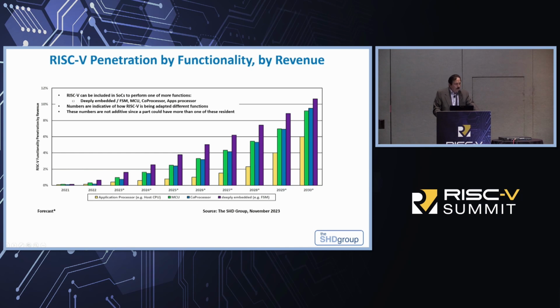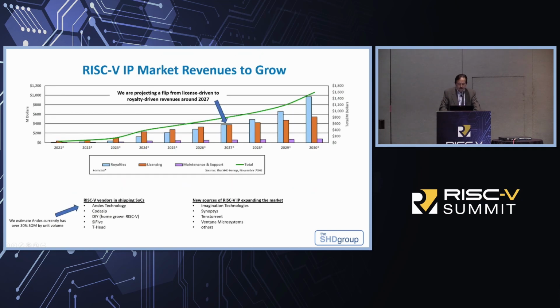And as the broader market grows and adds applications, it's very likely that an apps processor is going to be used more and more in these kinds of applications. So the unit volumes grow, the revenues grow.